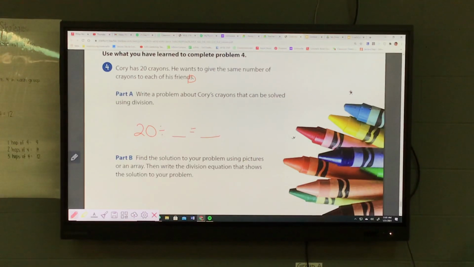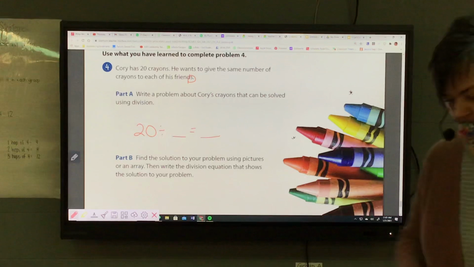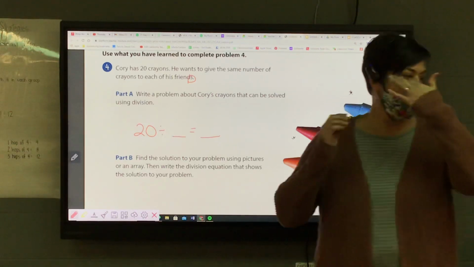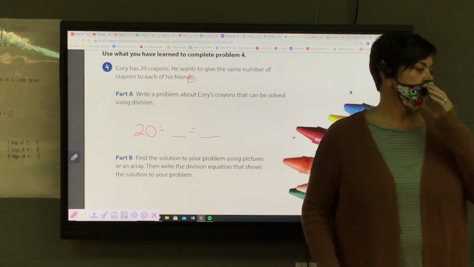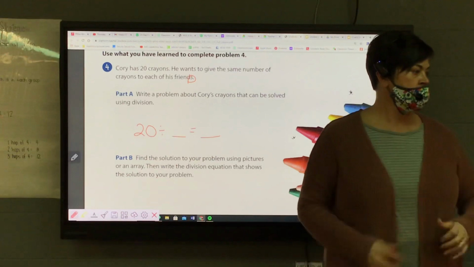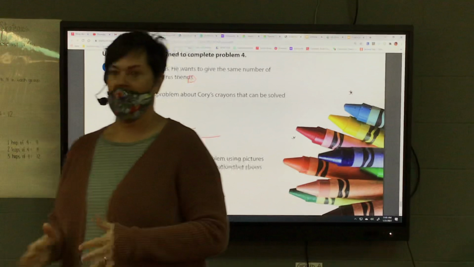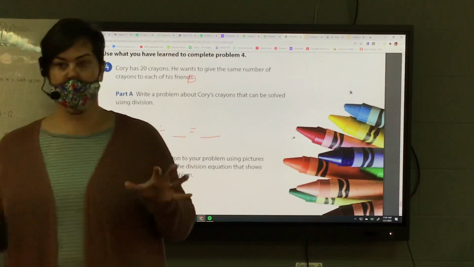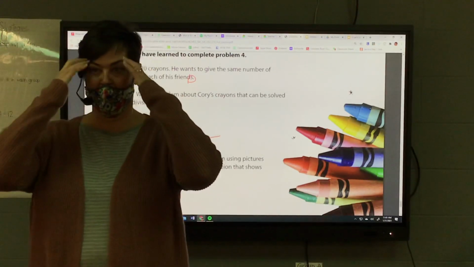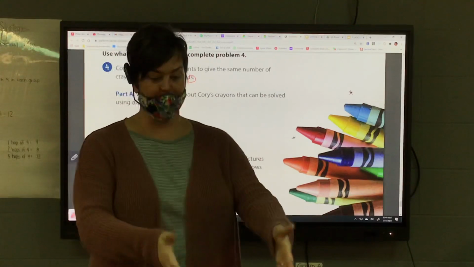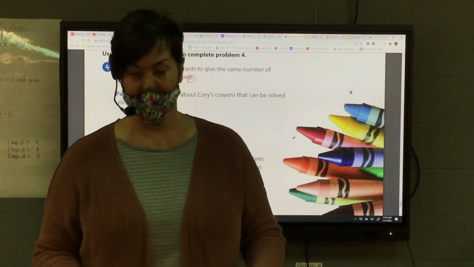What's your division problem going to be? What two numbers multiplied together equal 20? All right, everyone has their multiplication numbers that help you with this division problem now.